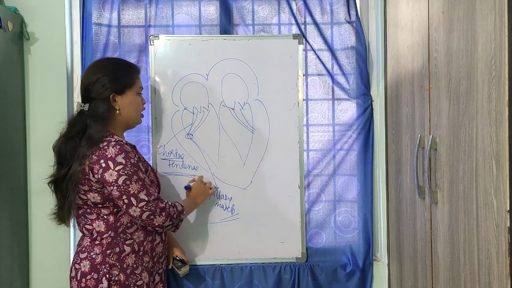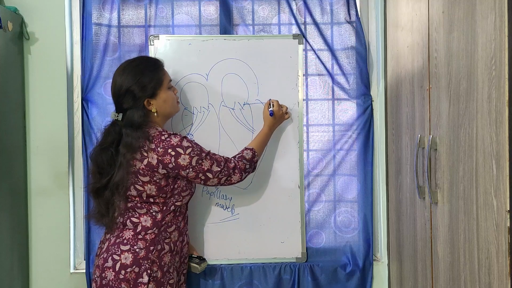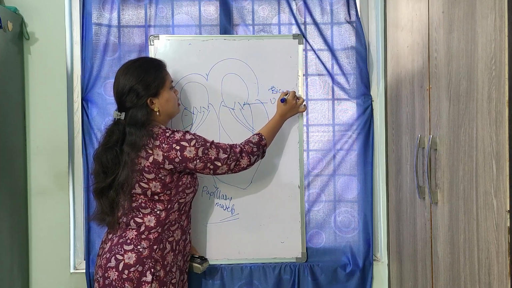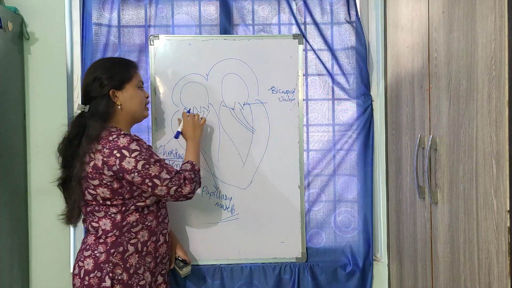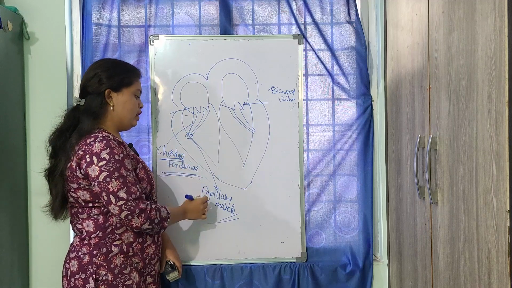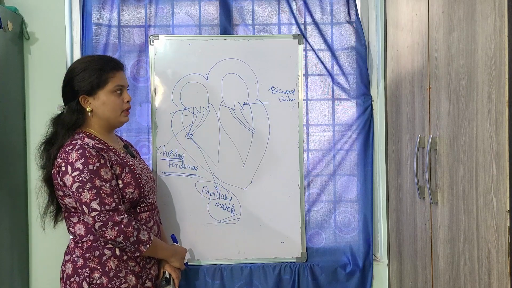The chordae tendineae is responsible for holding these valves in their place, with the help of the papillary muscles.